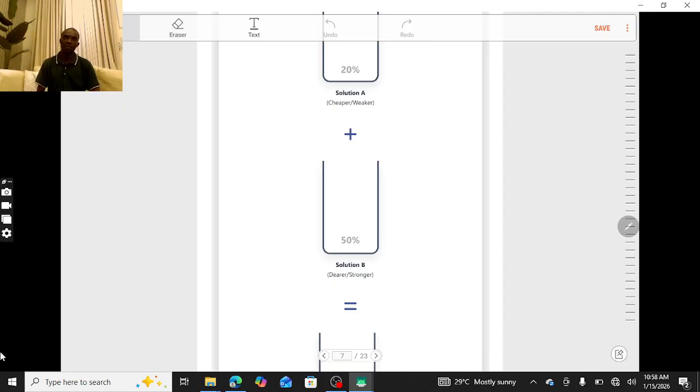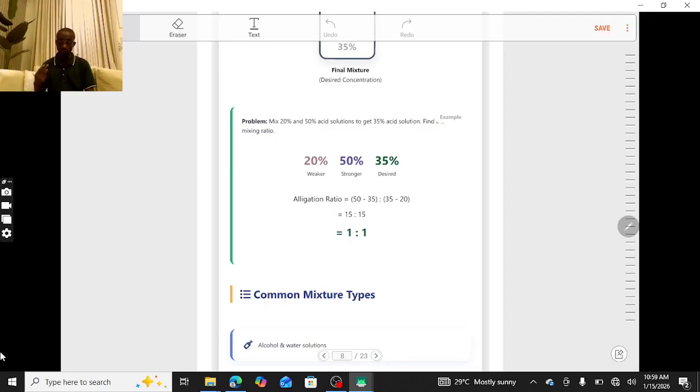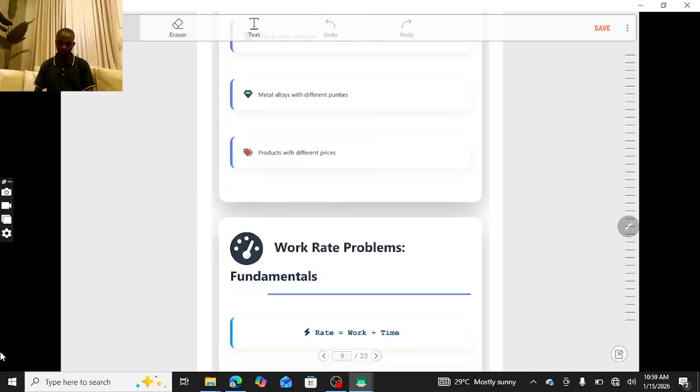There are a number of ways of solving this, which we will see later, but the one I want us to focus on today is how to do this with a table.